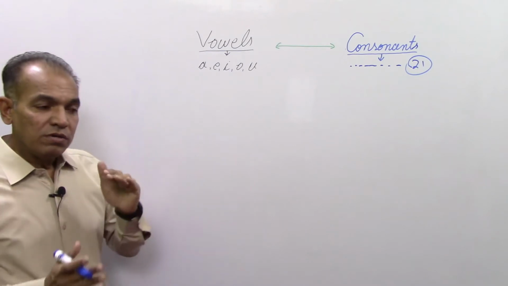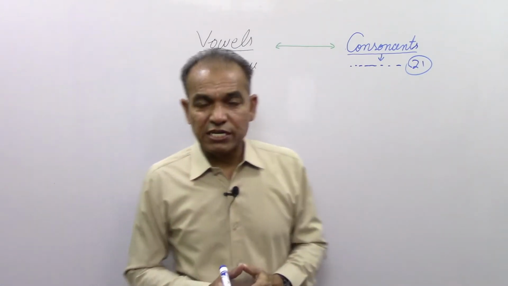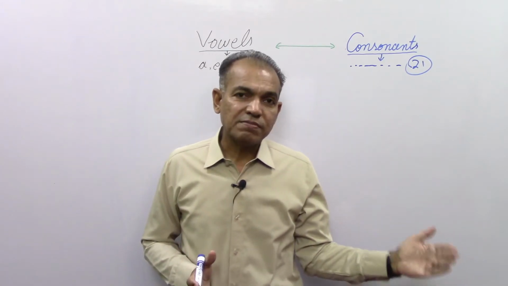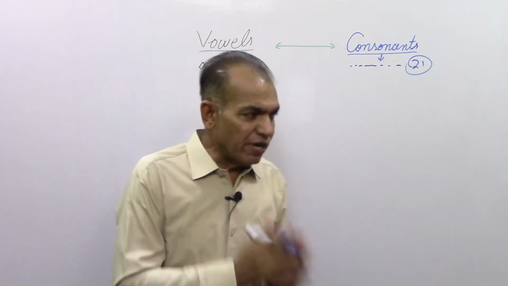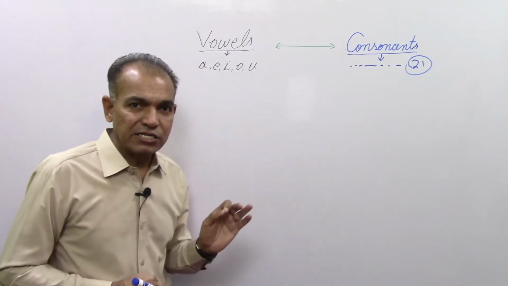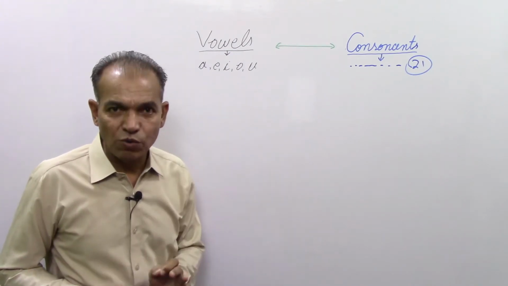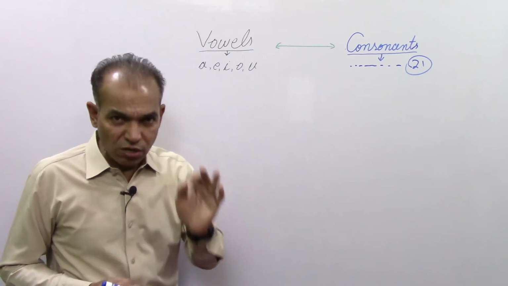Now, the main thing we need to understand is why some letters are called vowels and why some letters are called consonants. Guys, you know very well that every letter in English from A to Z produces a particular sound, which means every letter has its own sound.